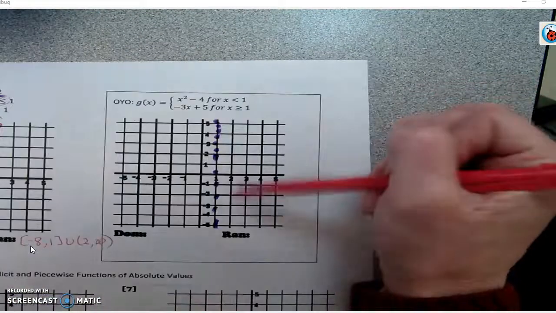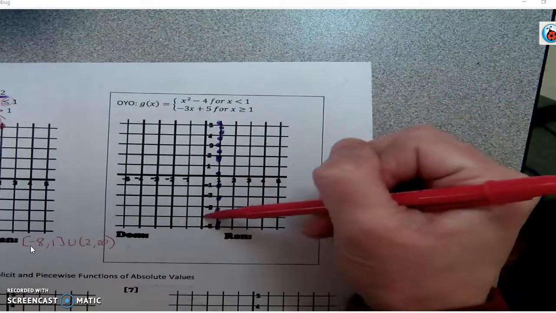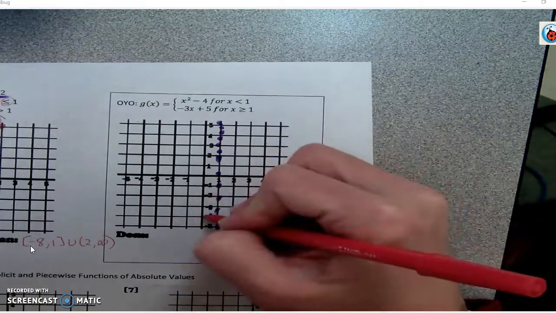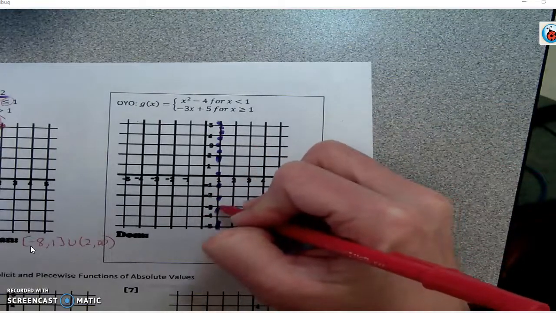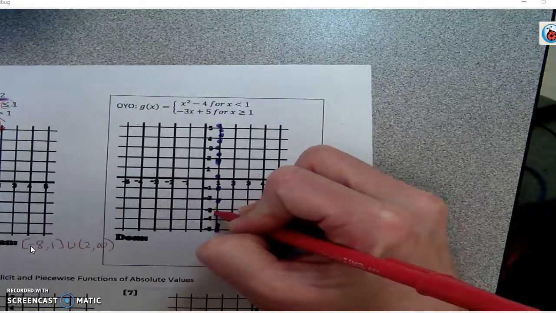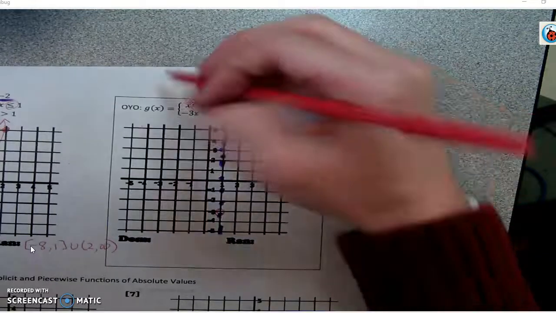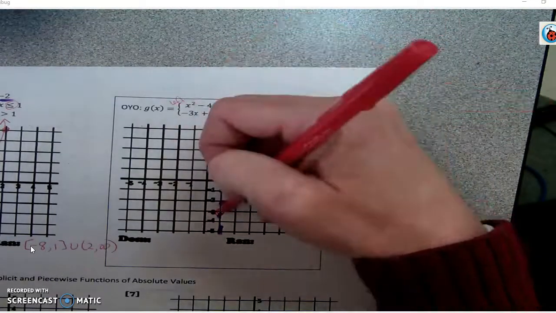All right, so boundary line at 1, your parabola is going to go down 4. And then let's see, if I plug in 1, 1 squared is 1, minus 4 would give you -3, open circle. And this one is going to the left, so I need to plug in values this way.